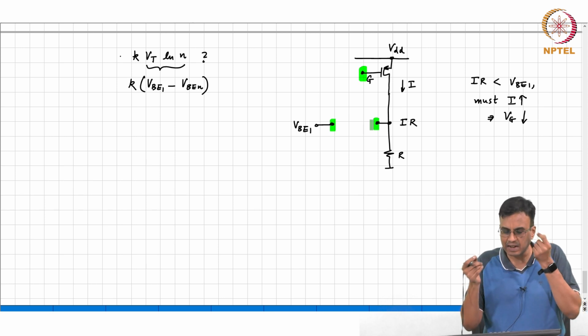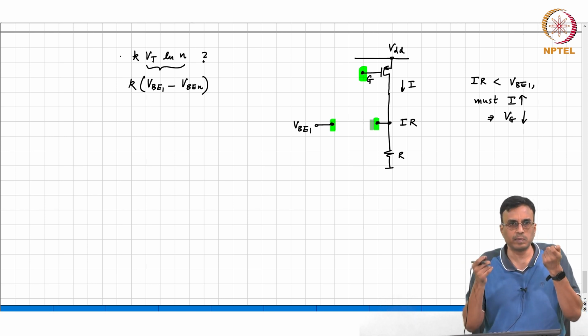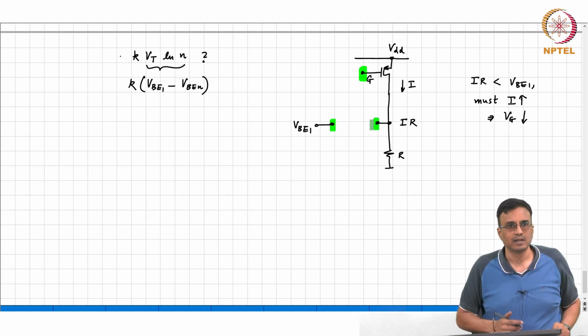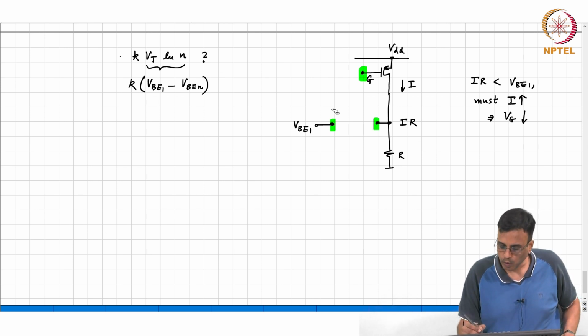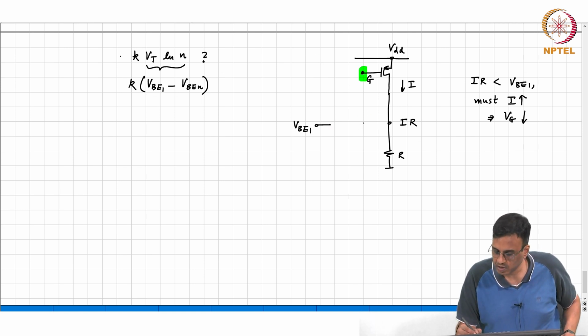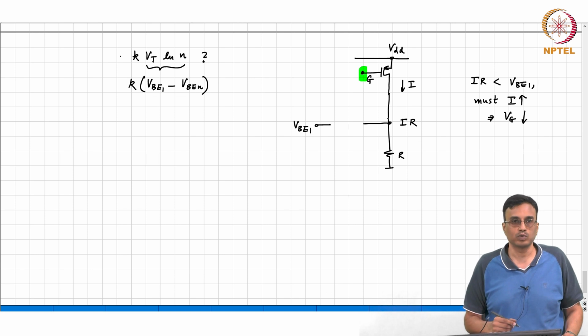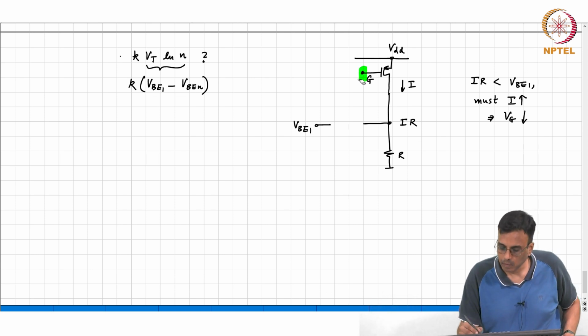Even if I see an infinitesimally small difference between Vbe1 and IR, I must kick the gate so hard that the difference becomes 0. So what should be the gain? Infinite, right. So what is that animal, the voltage controlled voltage source with infinite gain? Opamp. All right.